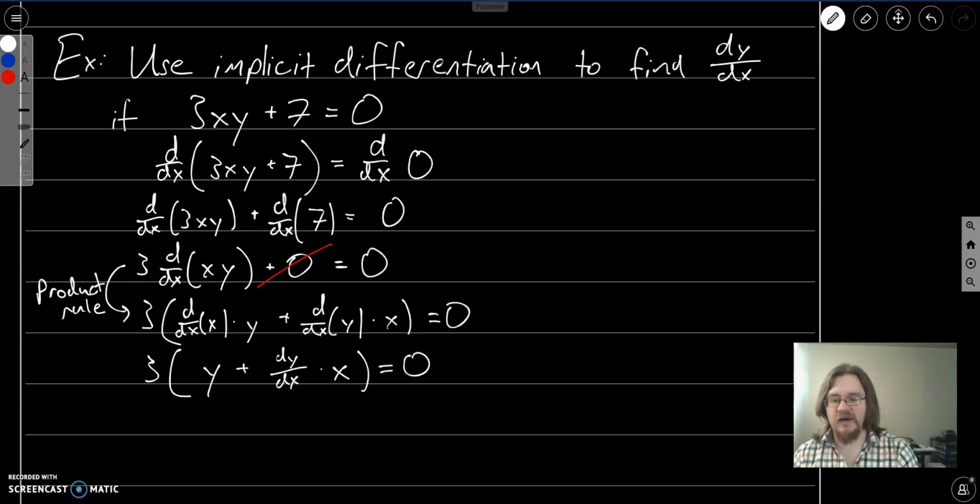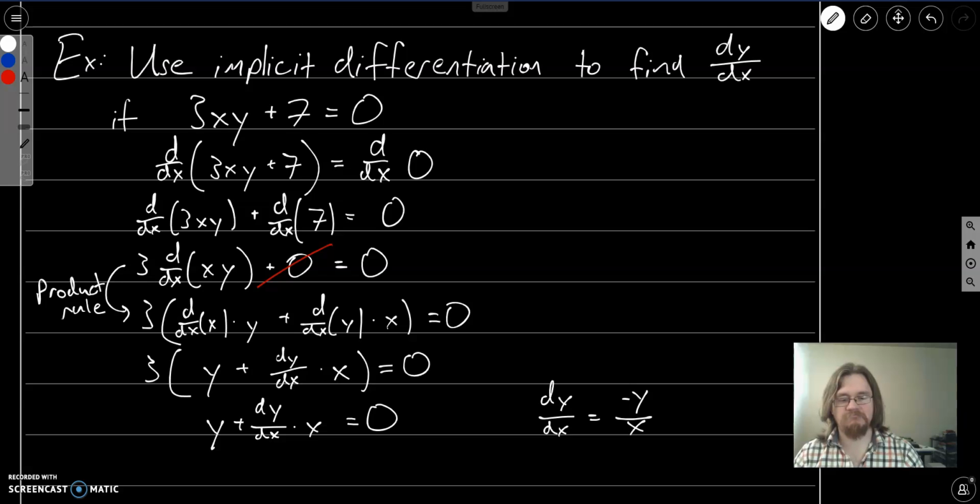And then what I'll do is I'll divide both sides by 3. And then I will solve for dy dx. So here, dy dx, I will move the y to the other side, and I'll divide everything by x.